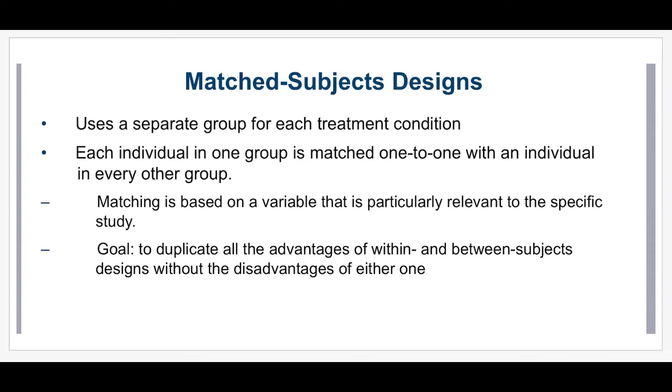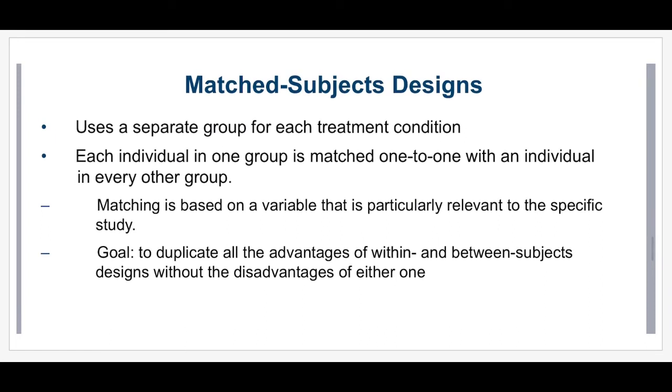Again, the between subjects concern is the individual differences, so this helps minimize that. The downside to within subjects is the order effects, but you don't have to worry about that, because there are different participants in each group, right? Now, it doesn't completely eliminate the individual differences like a within subjects design, because even though they're matched on that variable, that doesn't mean they're completely similar.